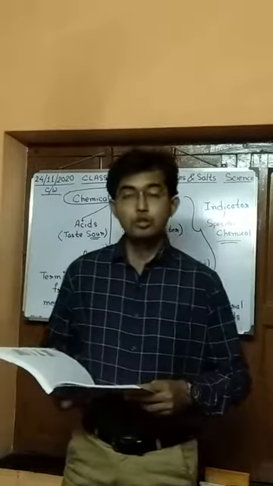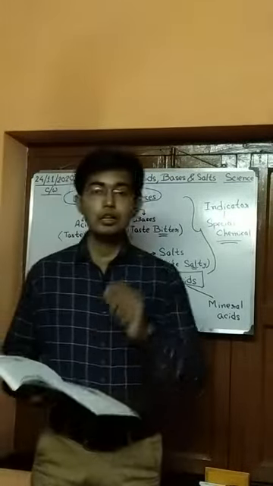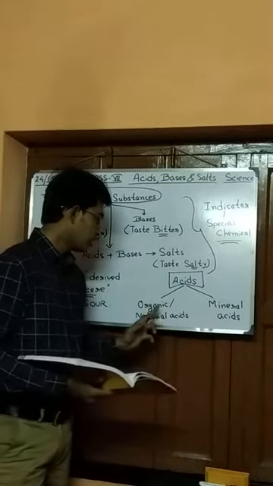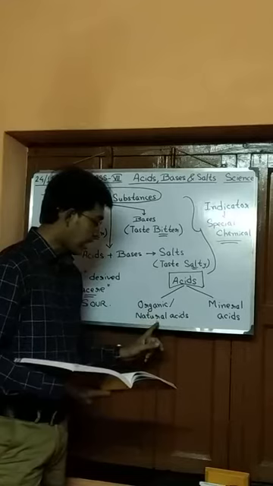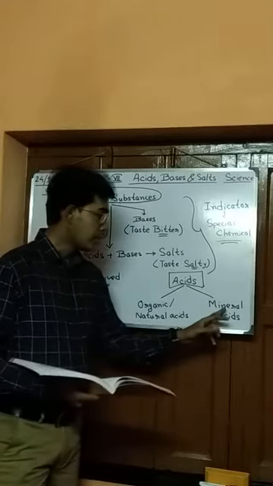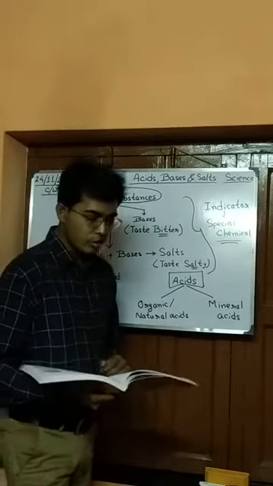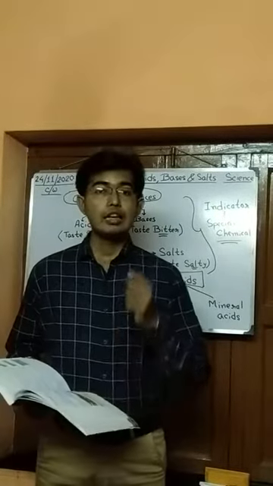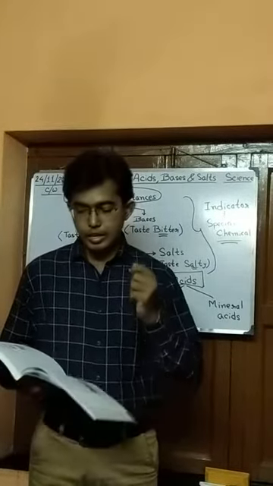Now, on the basis of the classification of their sources, acids are grouped into two: organic, or natural acids, and mineral acids. Organic acids are found in nature, in plants as well as in animals.